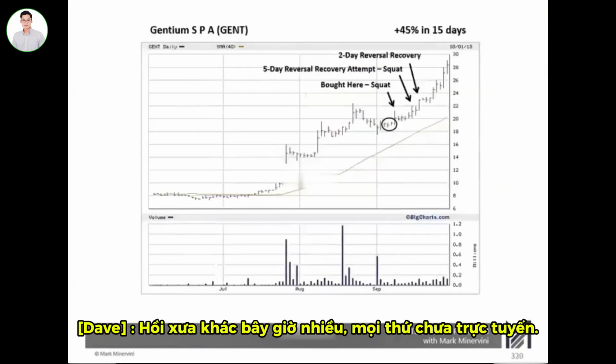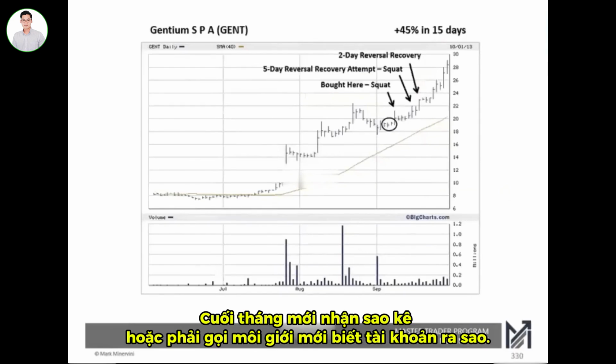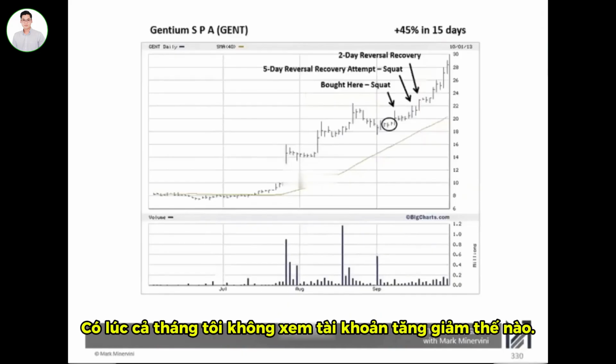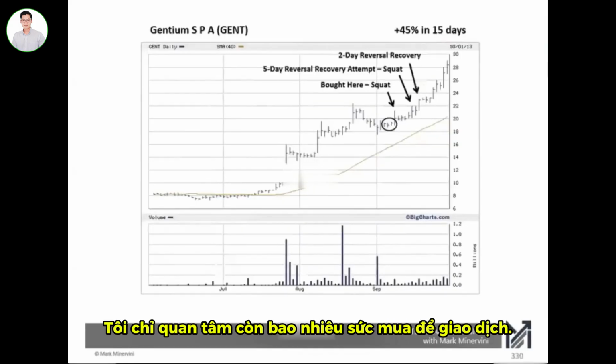That's the other thing too, going back to the old days when nothing was online. You would get your brokerage statement at the end of the month, or you could call in and ask. There would be times where I would go the entire month and just ask for my buying power. How much could I buy?